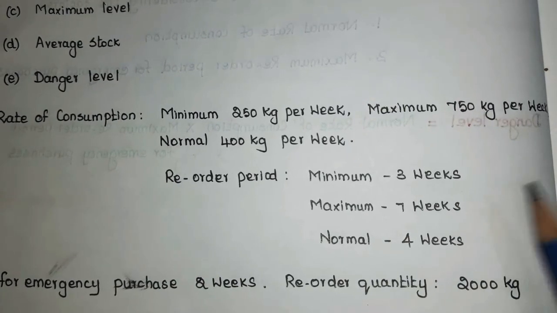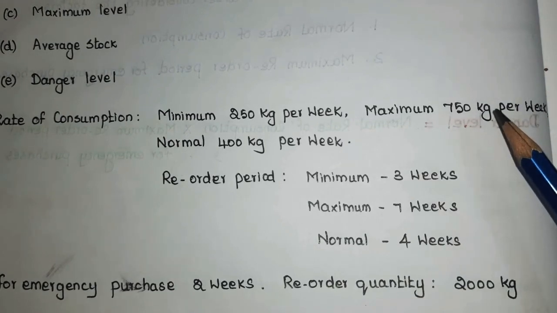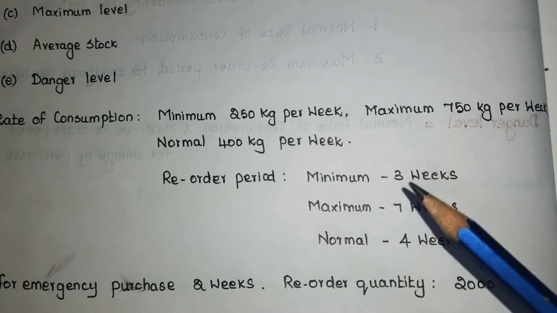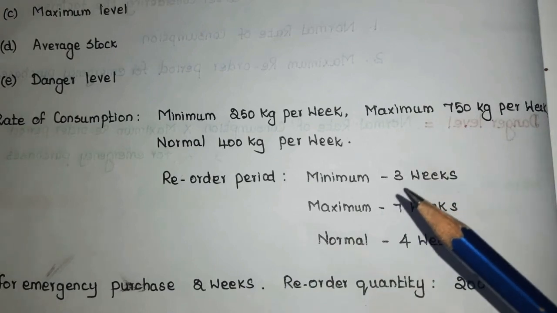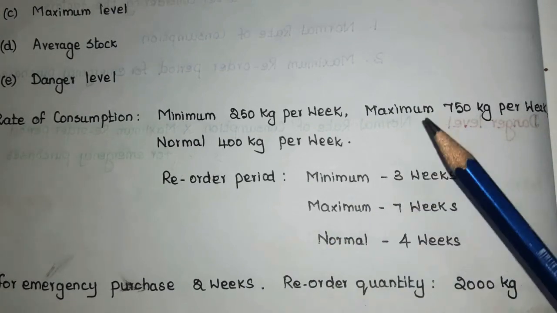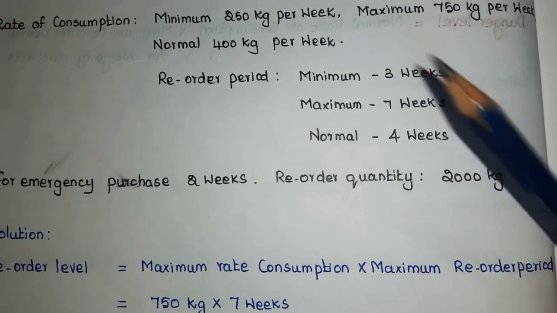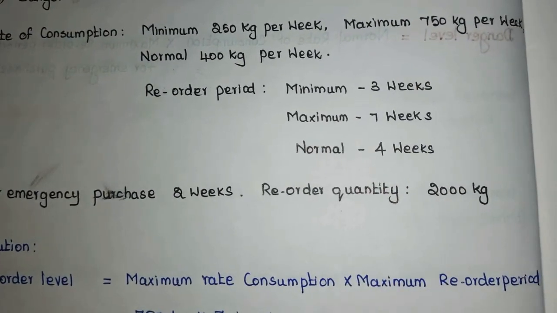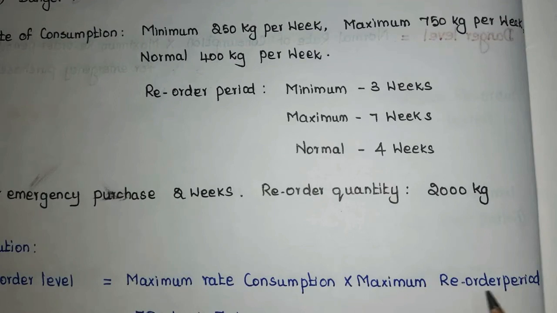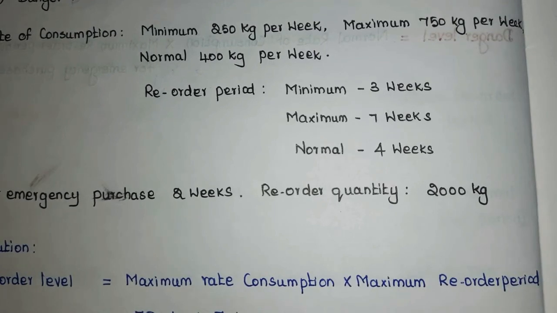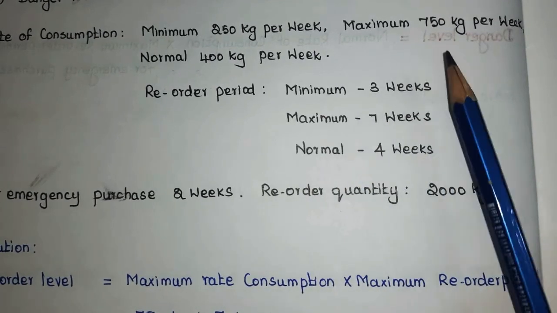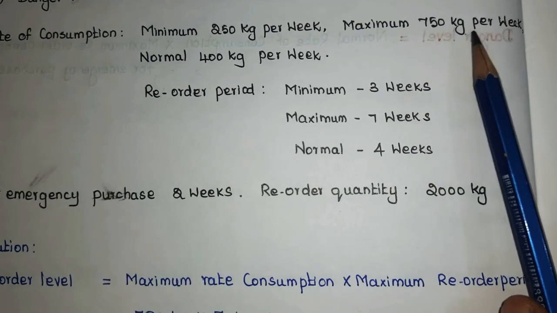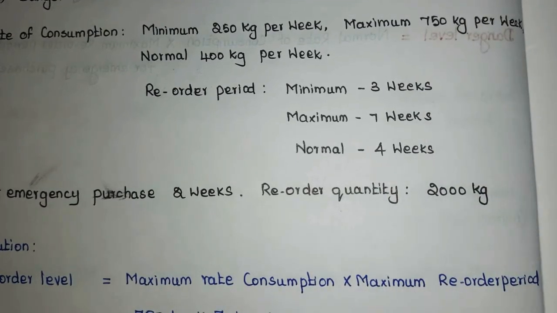In the problem, the first point is they are asking us about the reorder level. The formula for reorder level, which has been given previously, is maximum rate of consumption into maximum reorder period. Here the maximum rate of consumption has been given as 750 kg per week, and this can be substituted.